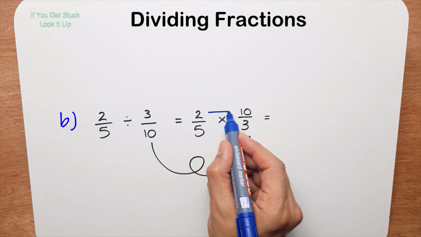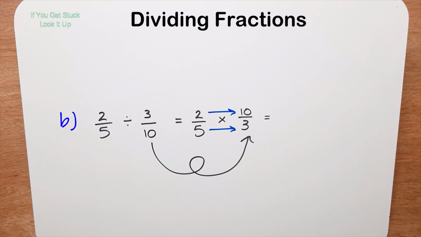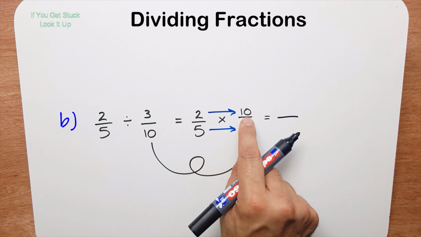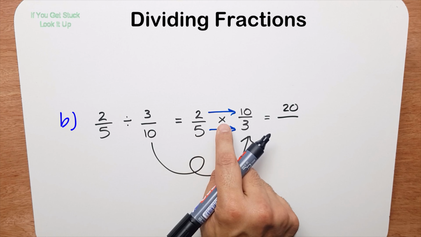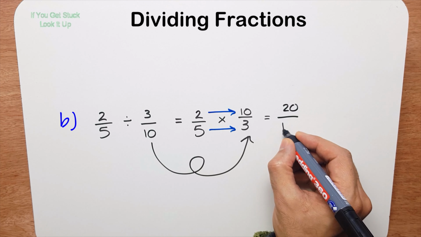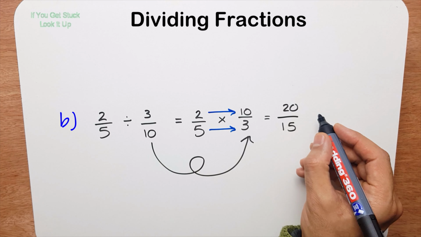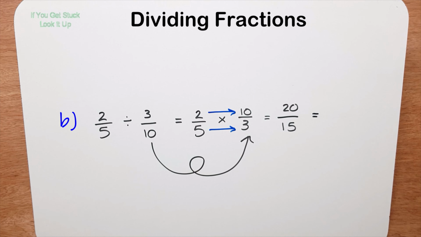Now I simply multiply across because it's two fractions. Fraction line, 2 times 10 is 20, and 5 times 3 is 15. Now I can simplify this fraction because I can see they're both in the 5 times table.